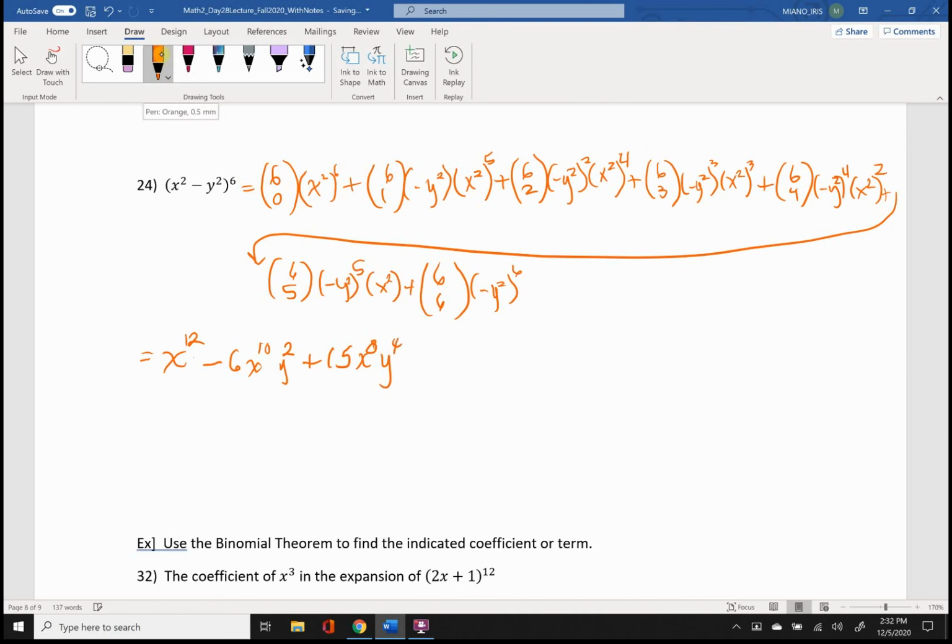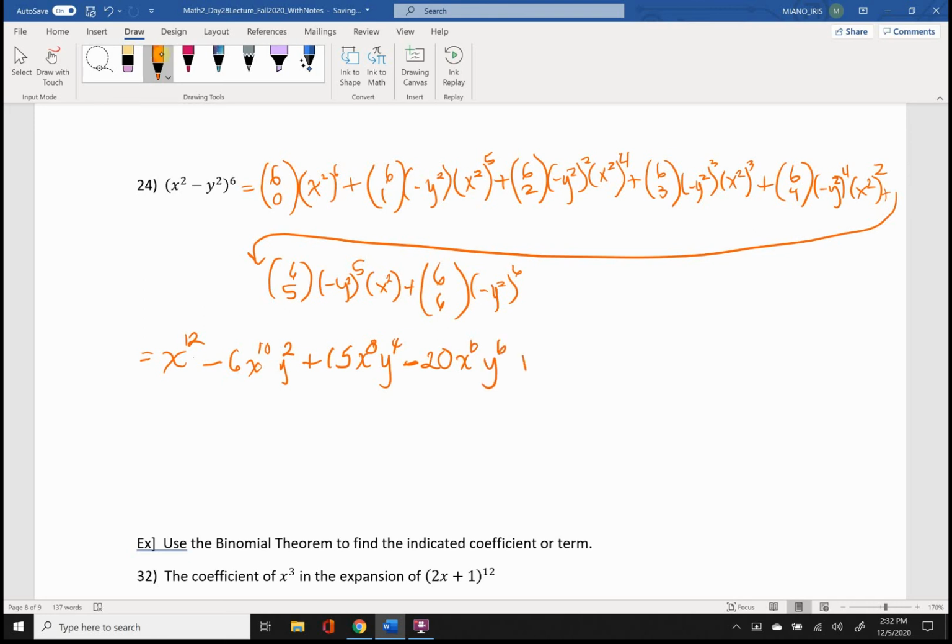The next term will be negative, or subtracted, by virtue of the negative y squared being raised to an odd power. 6 chosen 3 at a time will be 20, if I'm not mistaken. Yep. And then the x will be raised to the 6th power, because 3 times 2 is 6, and the y will also be raised to the 6th power.